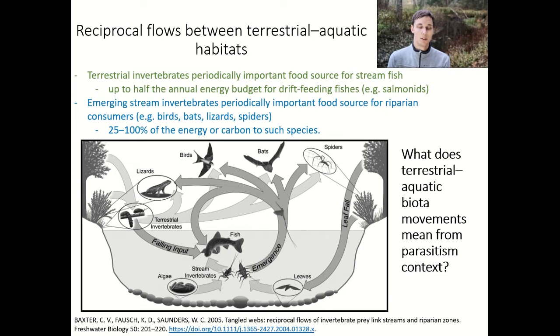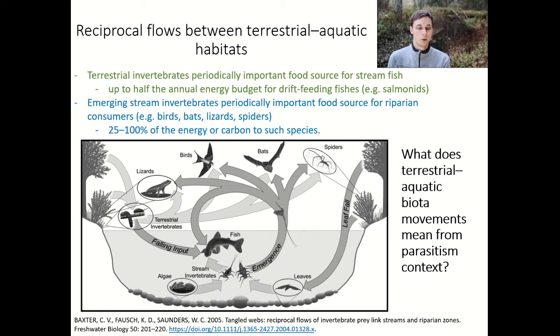When we know that species move between terrestrial and aquatic habitats, then we could also assume that this is important considering food webs. It has been found that, for example, up to half of drift-feeding fishes' annual energy comes from terrestrial invertebrates that fall into the stream. An example of a drift-feeding fish is trout.